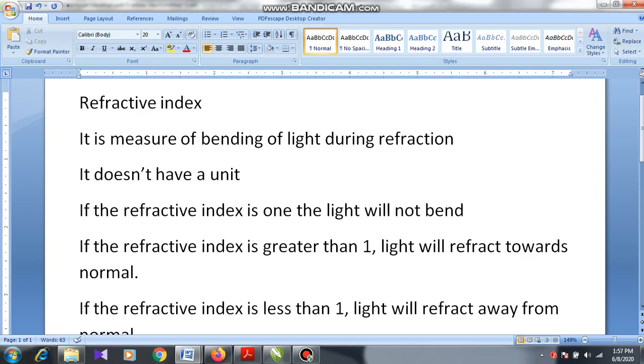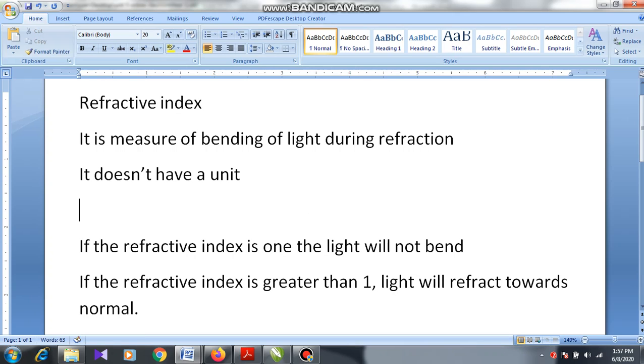In exams or books, if you see the refractive index is equal to a number, the refractive index is represented in numbers.